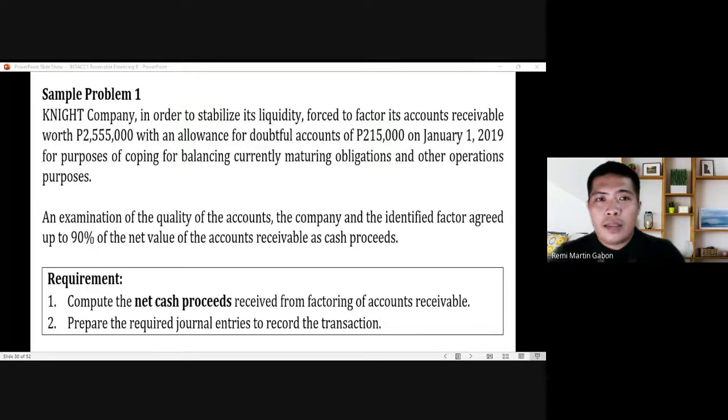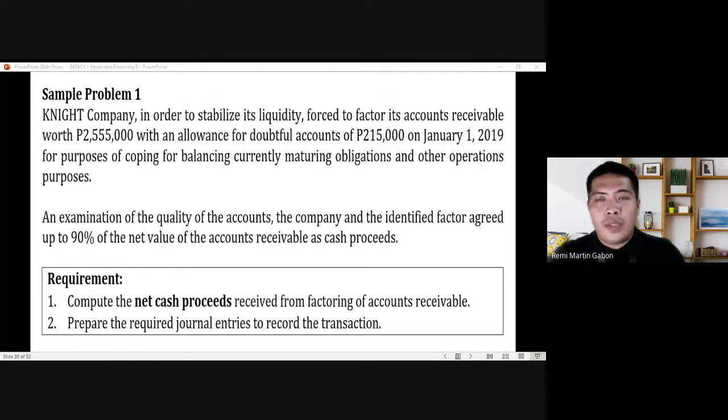Okay? Balance is different from net realizable value. When we say balance, we mean the 2,555,000 only. We are referring to the balance found in the account.